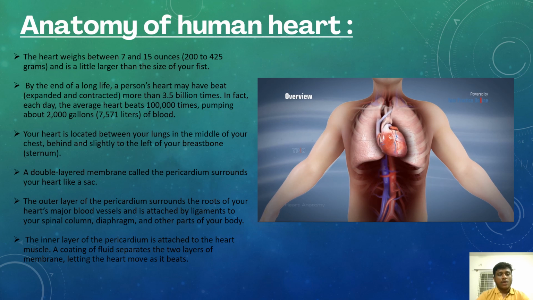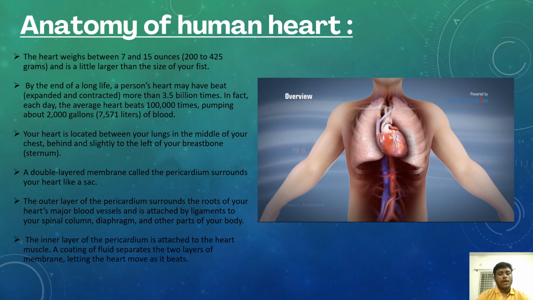Your heart is located between your lungs in the middle of your chest, behind and slightly to the left of your breastbone. A double-layered membrane called the pericardium surrounds your heart like a sac.